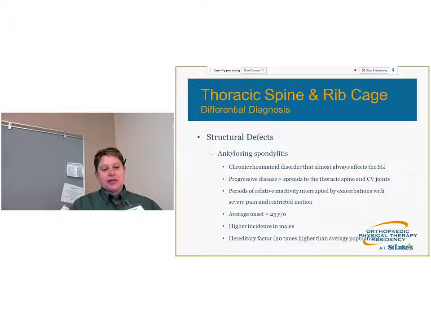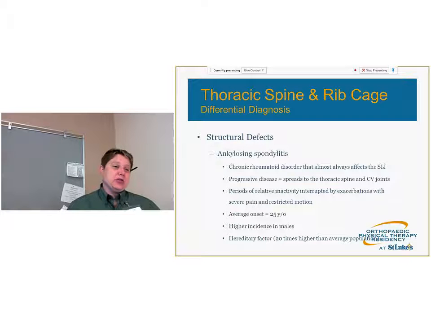Ankylosing spondylitis, it's a chronic rheumatoid disorder that usually affects the SI joint. It's progressive and it spreads to the thoracic spine and the costovertebral joints. Periods of relative inactivity that could be interrupted with exacerbations, severe pain, and restricted motion.